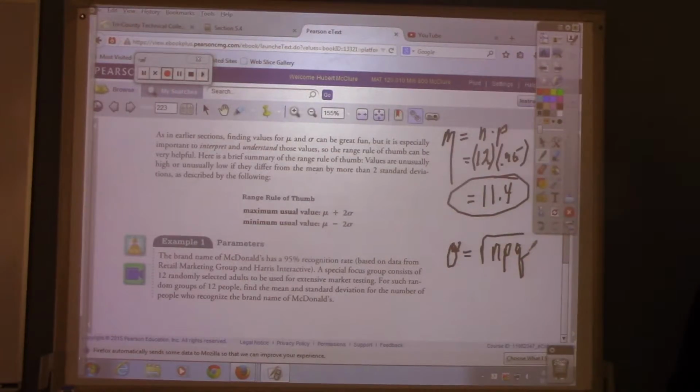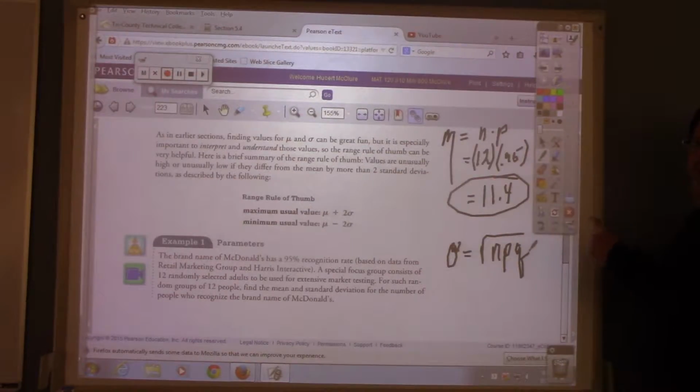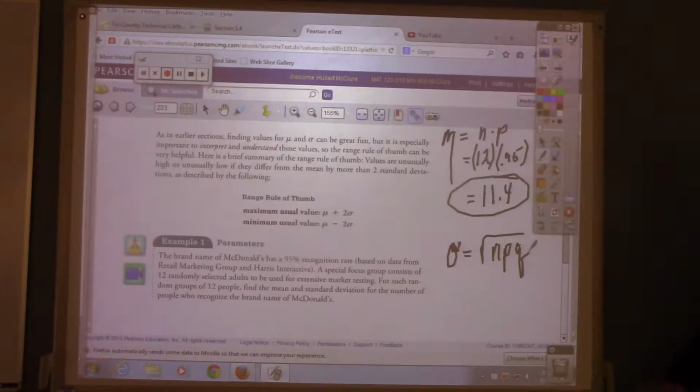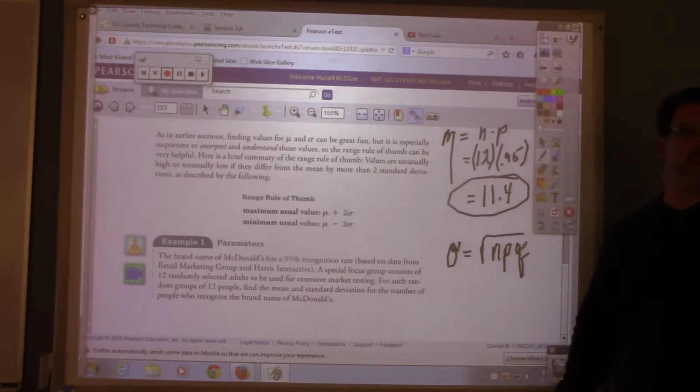So we just have to take 5% of this. Now what's 10% of 11.4? What's 1% of 11.4? 0.114, right? Or 0.11.